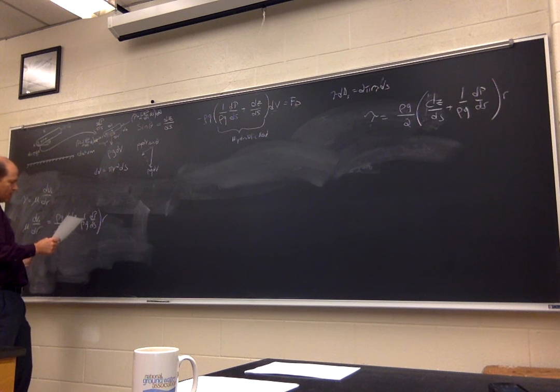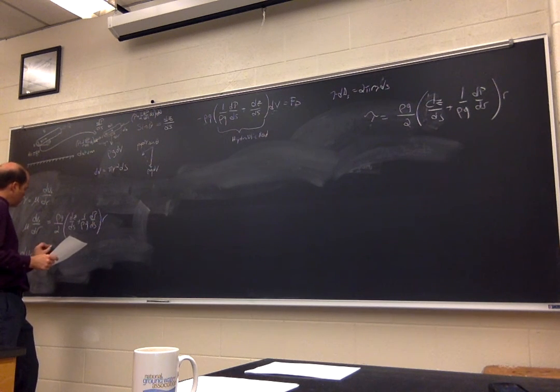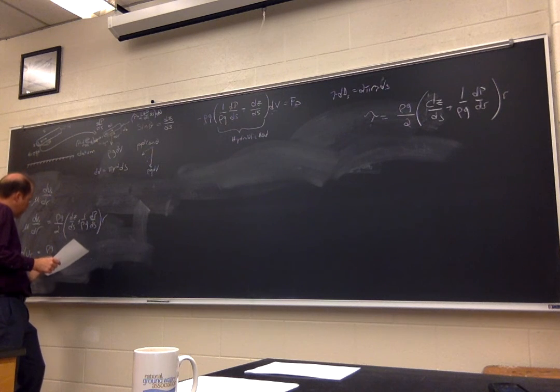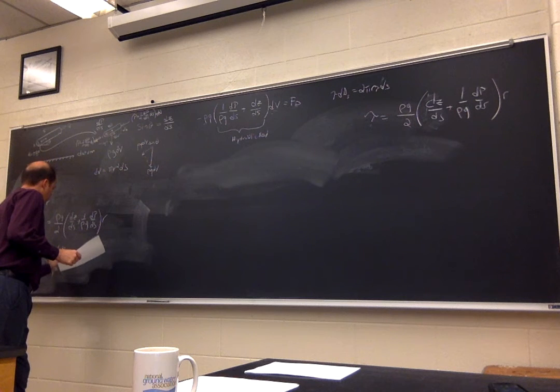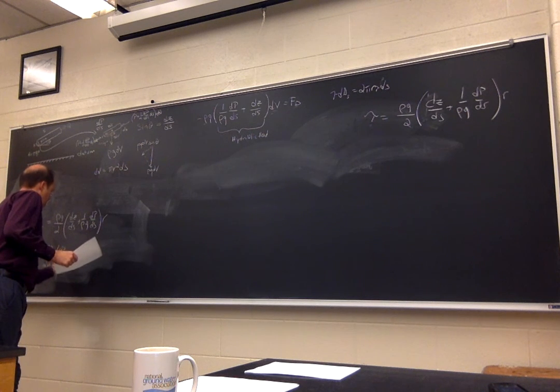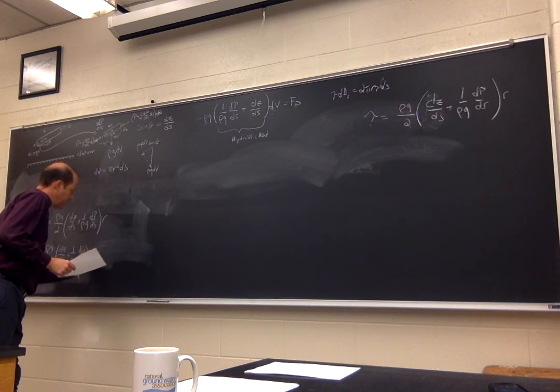On the other side, I have rho g over 2 mu times dz ds plus 1 over rho g dp ds times r dr.